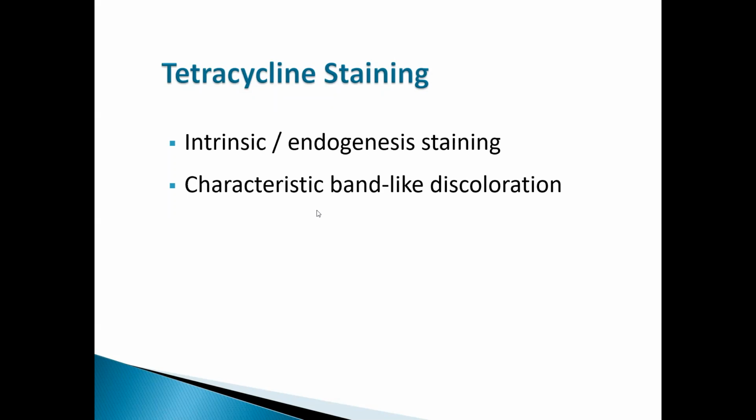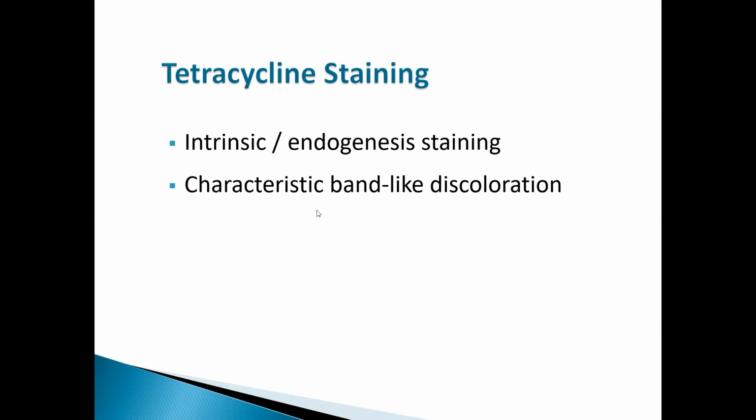Some of these mild cases, you may be able to get a little variation with bleaching, but the problem is tetracycline tends to stain more dentin than enamel, because if you think about who is closer to the developing pulp, it's the dentin.